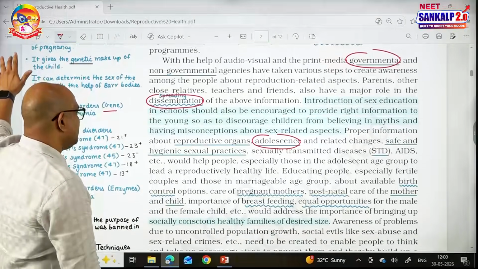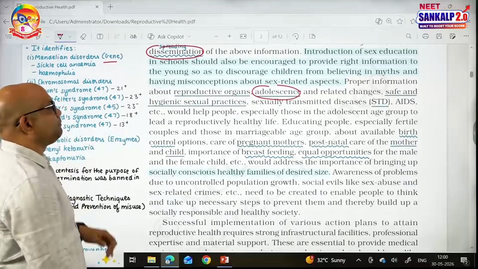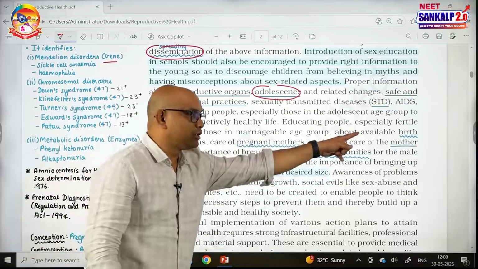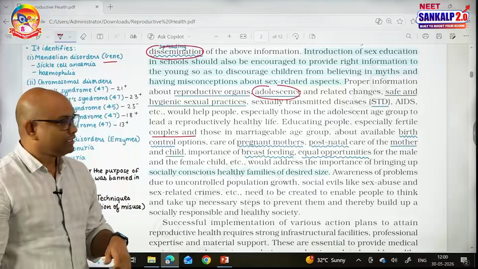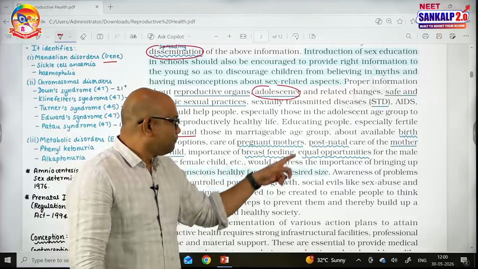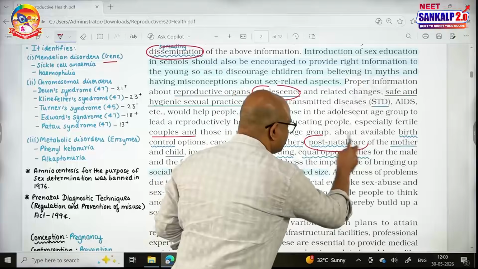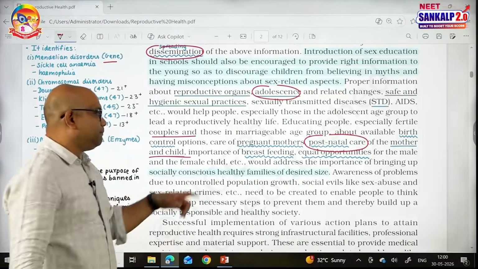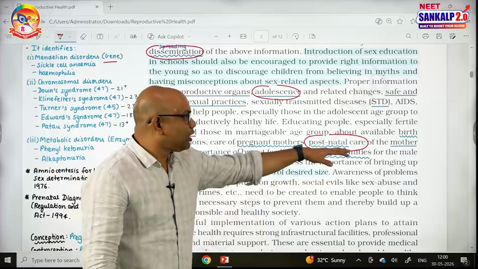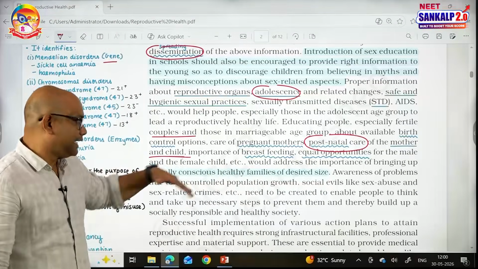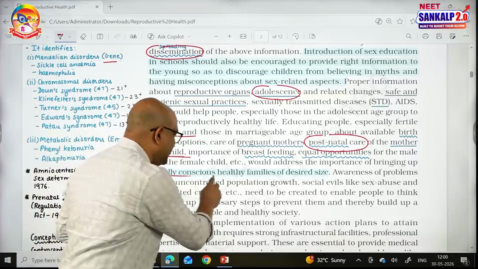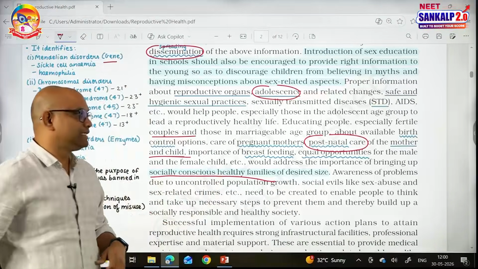Along with that, we need to educate people, especially fertile couples and those in marriageable age group, about available birth control options, care of pregnant mothers, postnatal care, after birth, the child care, mother and child, importance of breastfeeding, equal opportunities for the male and female child, etc. would address the importance of bringing up socially conscious healthy families of desired size.